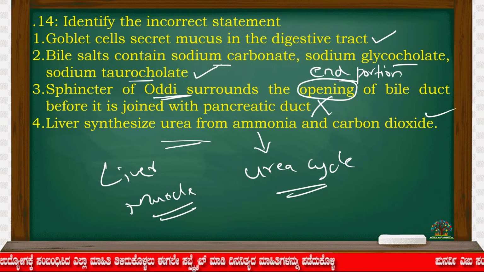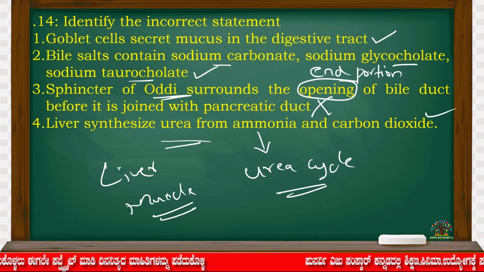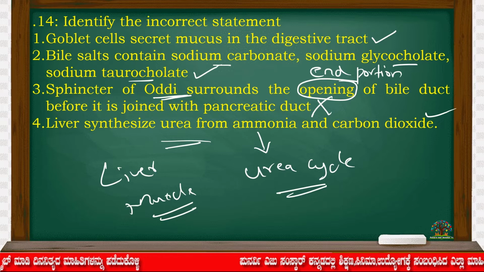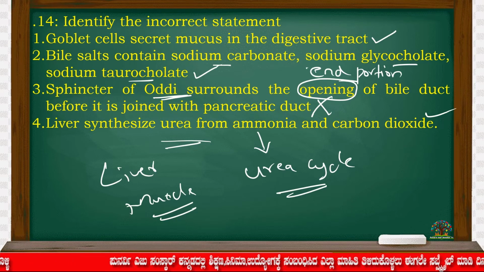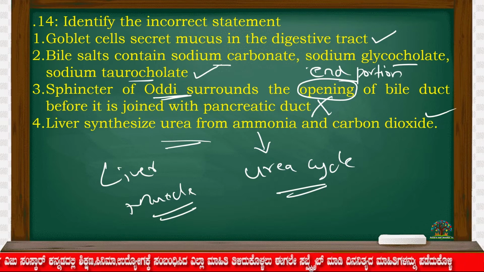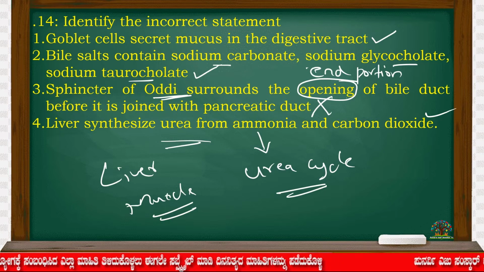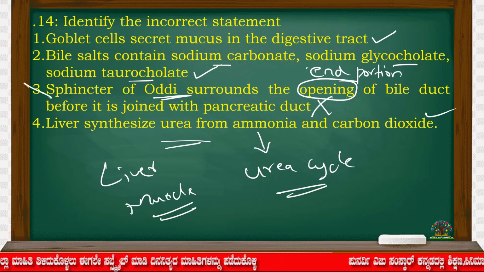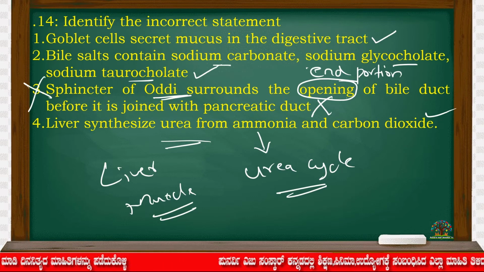So if the third sentence has to be correct, it would have been written as: sphincter of Oddi surrounds the end portion of the bile duct before it joins with the pancreatic duct. But in the original option it is written as opening of the bile duct. This is wrong, and option number 3 is incorrect out of the 4 options listed in this question.